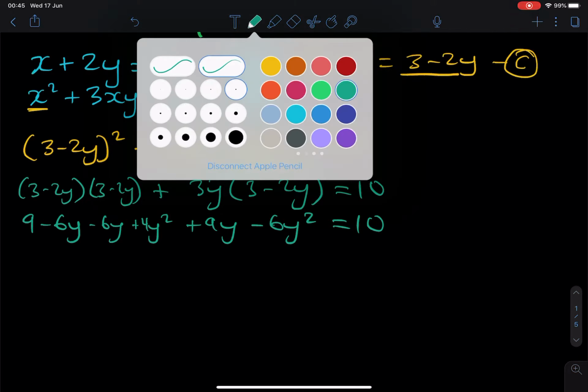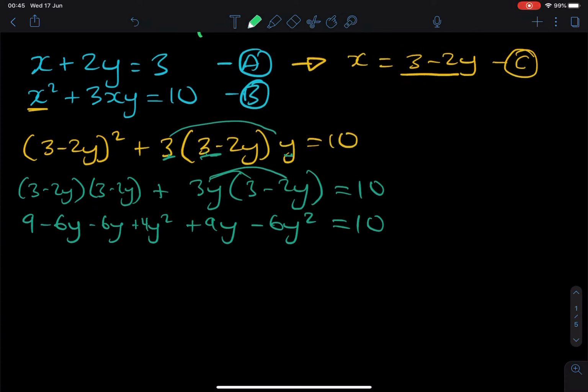Okay, now why is this important? Because I can now start to see the quadratic structure of ax squared plus bx plus c is equal to 0. So if I was to just simplify it, let me do 4y squared minus 6y squared, which is minus 2y squared.